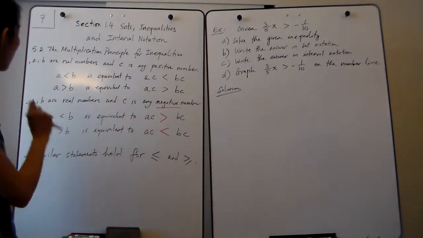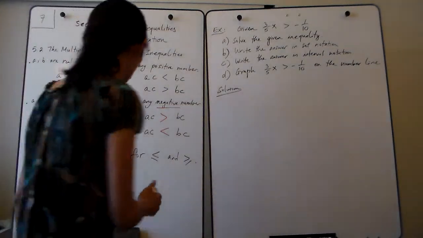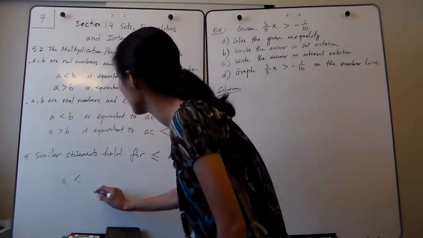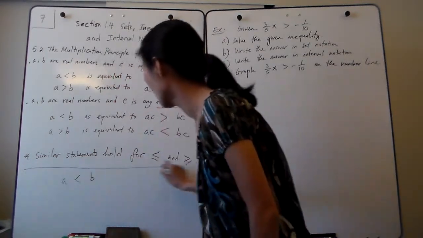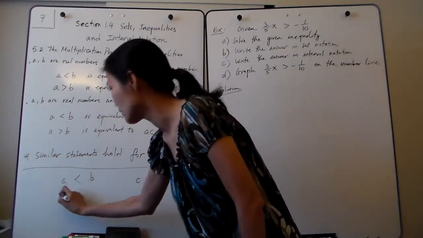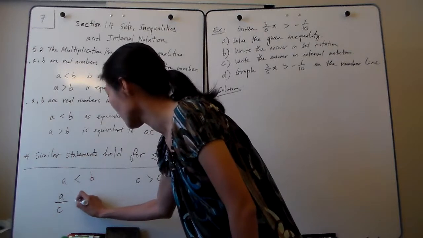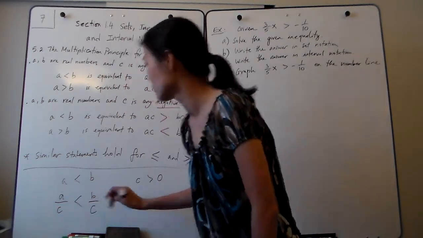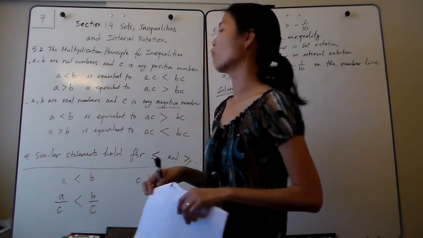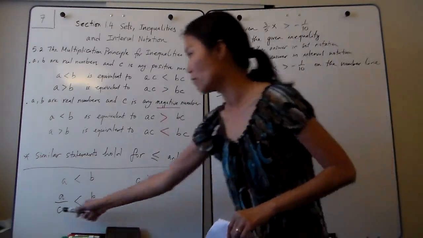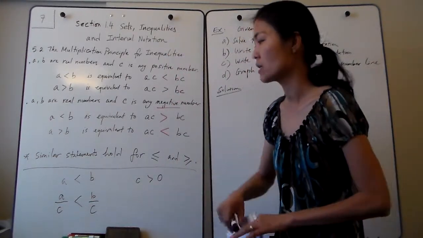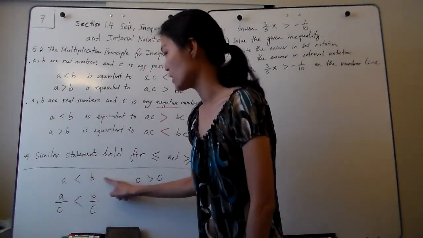And again, for the multiplication principle, if A divided by B, and C is positive, if you divide by C on both sides, it's still guaranteed to be equivalent. Very similar to the multiplication principle for an equation. If you divide by the same positive number on both sides, the inequality is still equivalent.